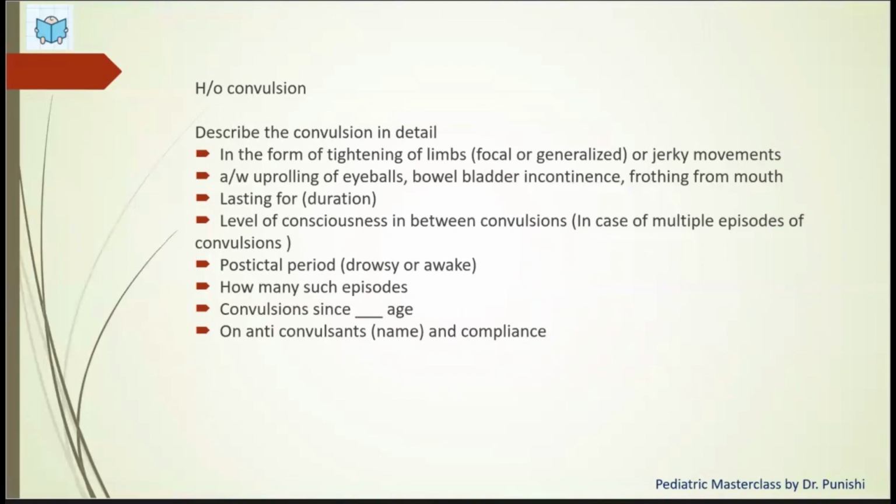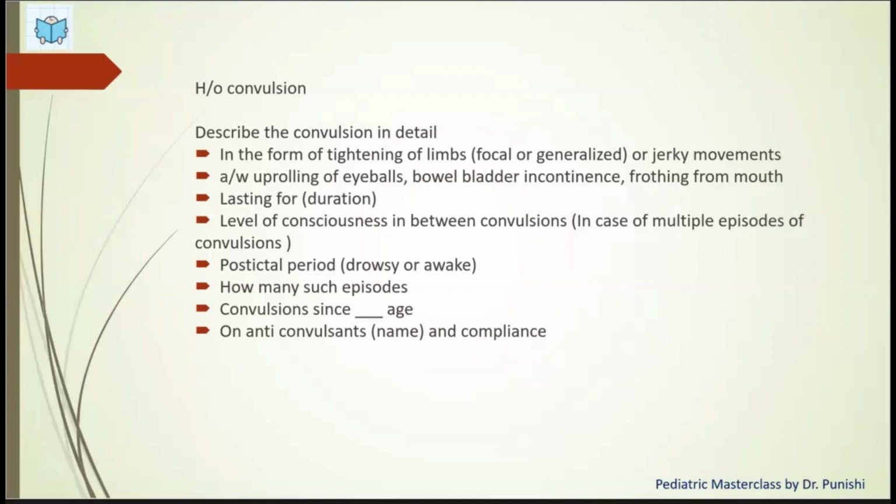So whether the convulsion was in the form of tightening of the limbs or were there jerky movements? So was it a tonic or a tonic-clonic convulsion? Whether or not it was associated with uprolling of eyeballs, bowel bladder incontinence, frothing from the mouth, how long that episode of convulsion lasted, was it a single episode or multiple episodes of convulsions, what was the level of consciousness in between those multiple episodes.